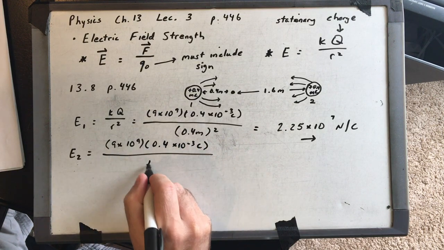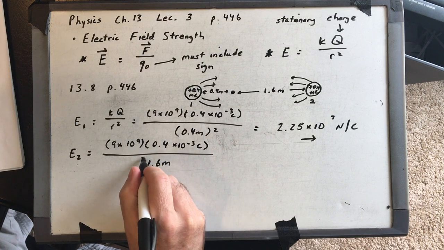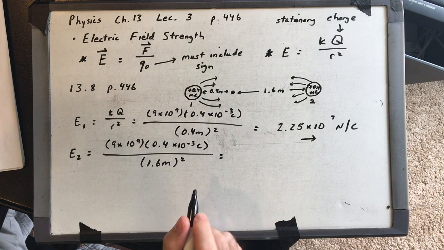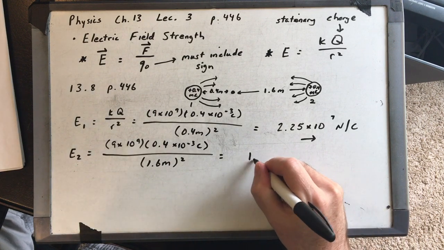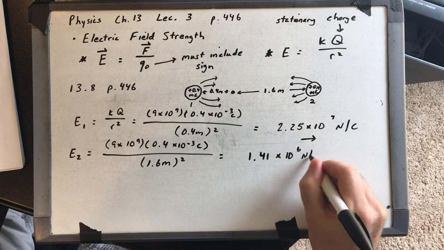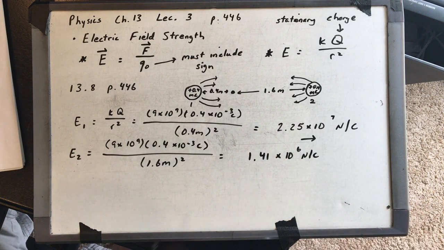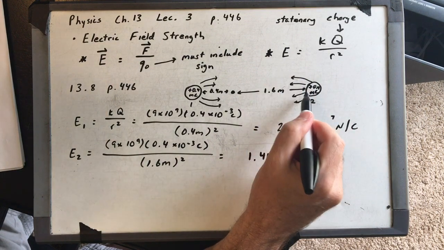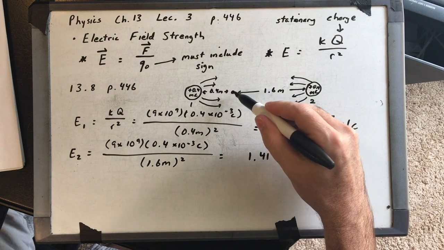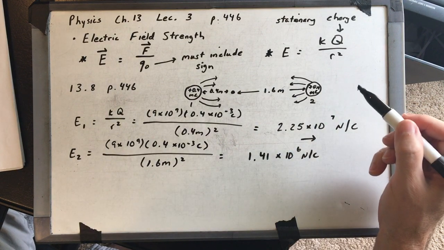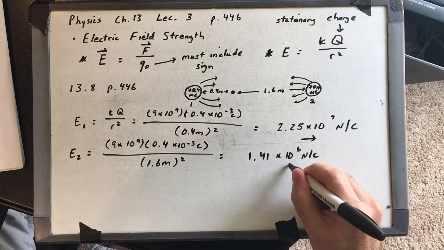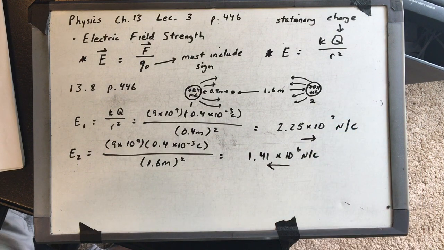The distance, though, is much further, so this electric field will be weaker. And that's going to be 1.41 times 10 to the 6 newtons per coulomb. And the direction, the field lines for this positive are pointing out, or in terms of how this dot feels, let's use that terminology, that electric field, it feels like it's coming that direction.